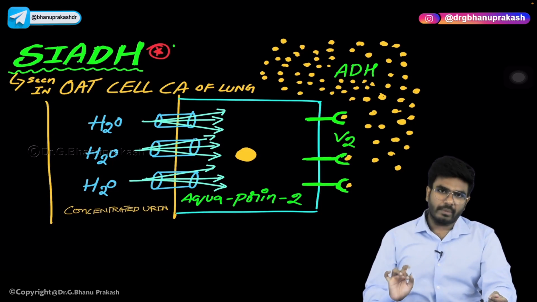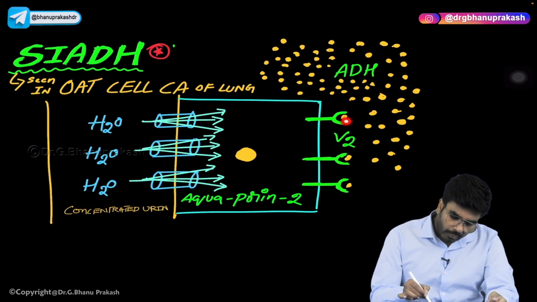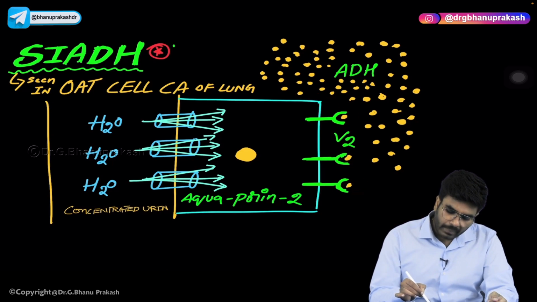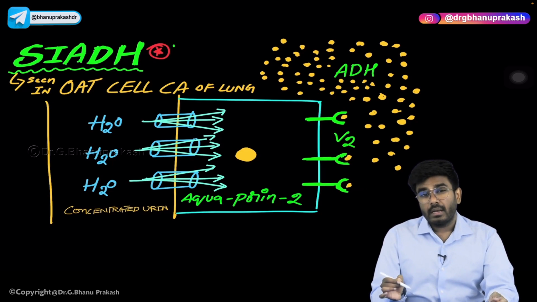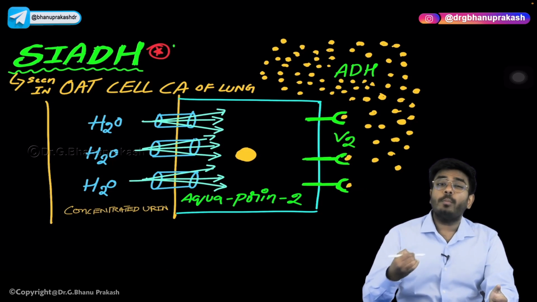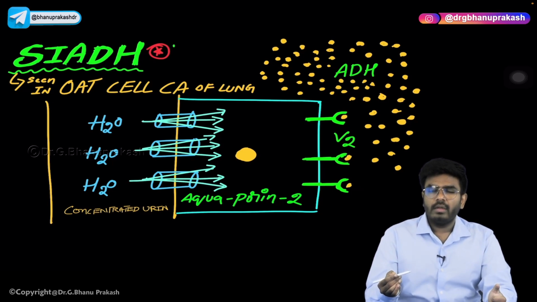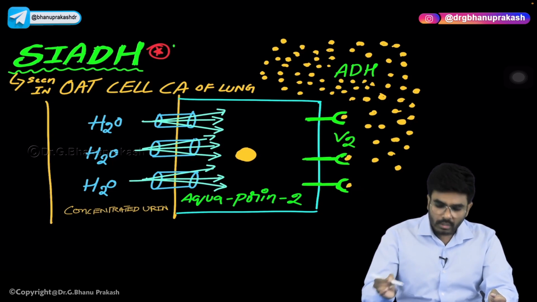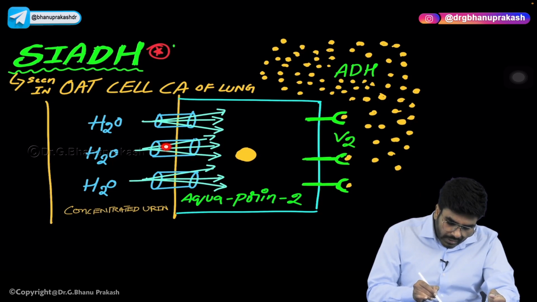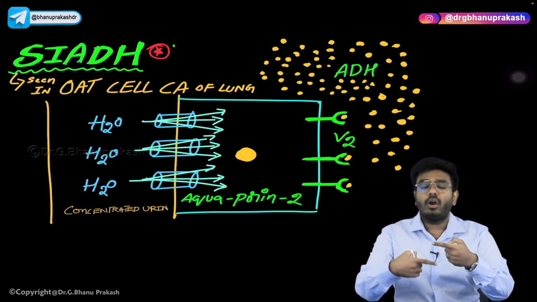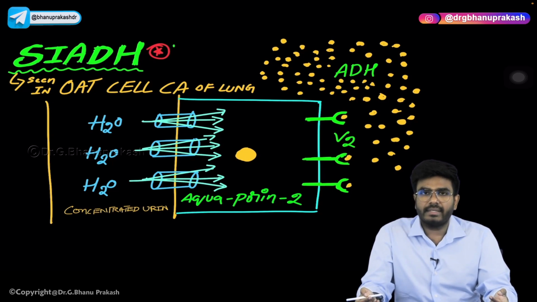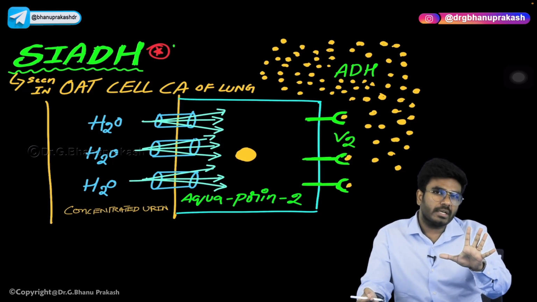Now in this condition, just tell me, what happens? All these antidiuretic hormone molecules will come and act on the V2 receptors. Now V2 receptors are so much stimulated. Whenever there is so much antidiuretic hormone, so much water reabsorption will happen. Lots and lots of water is getting reabsorbed in the collecting duct. Then what happens to the concentration of urine?